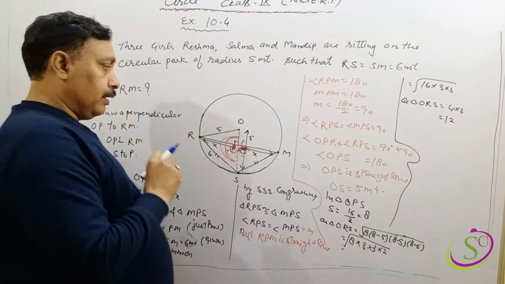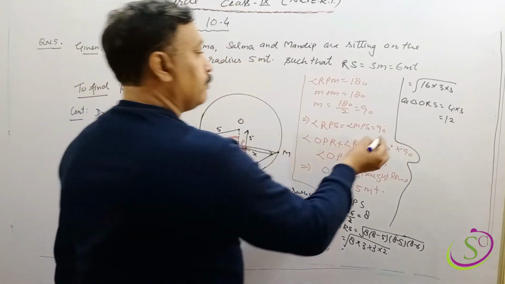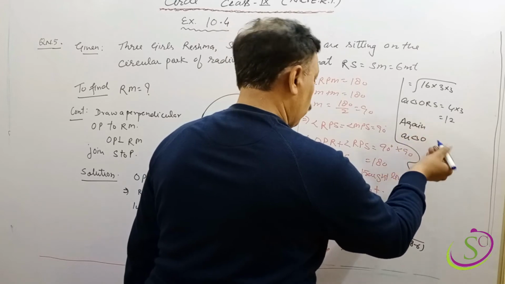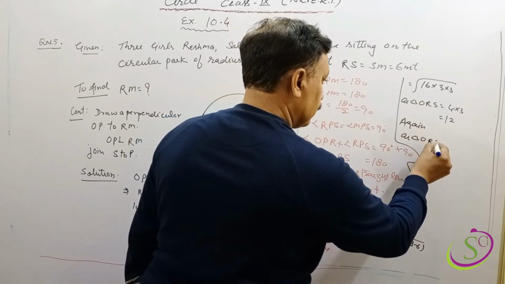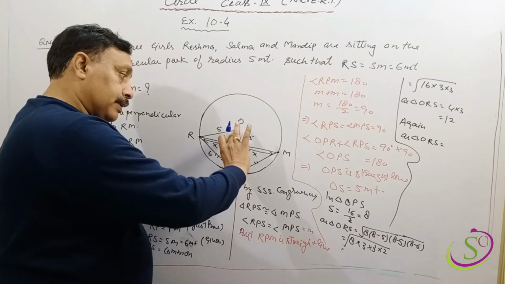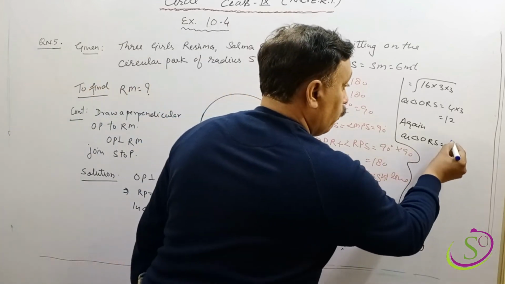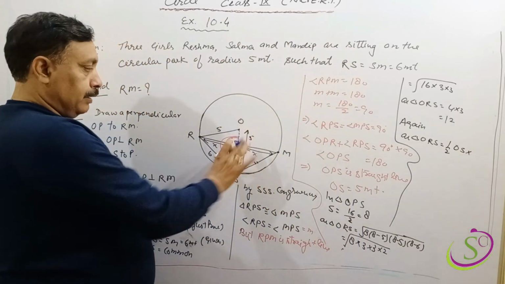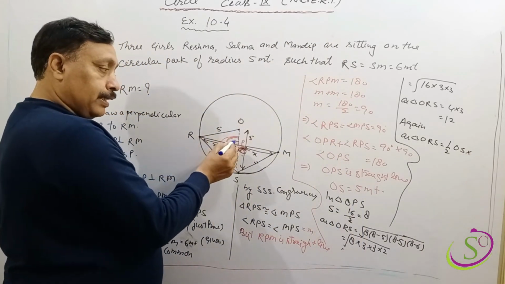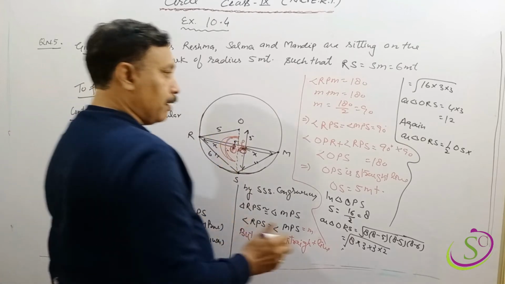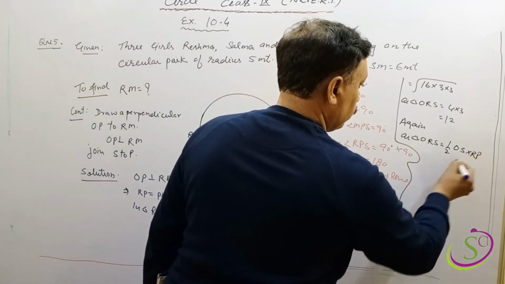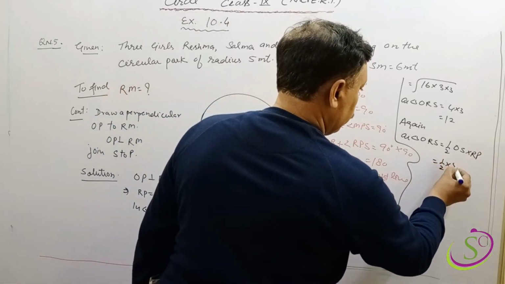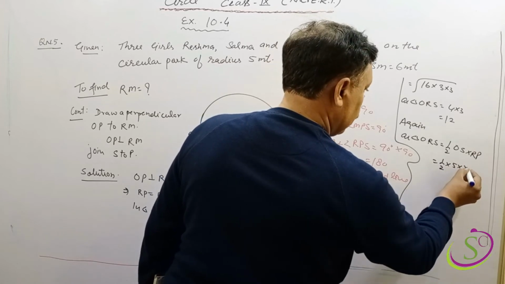Clear? Again we will find the area of triangle ORS. By using this is OS, 1 upon 2 OS into this is base and this RP is perpendicular because this angle is of 90 degree, so RP is the perpendicular. 1 upon 2 OS is 5 and into RP is x.